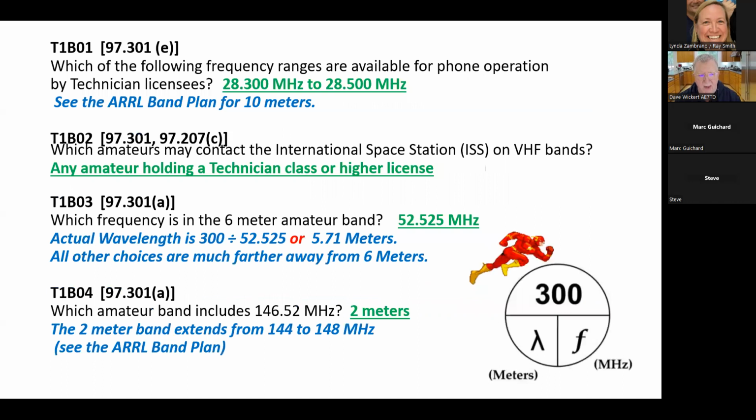All right. The next major section talks about frequencies and the different bands that we can use. Which of the following frequency ranges are available for phone operation? Again, we amateur radio operators have our own terminology. When we talk about a phone, we don't mean a telephone, we mean a microphone. Whenever you hear an amateur radio operator talking about phone operation, they're talking about using a microphone to communicate with somebody.